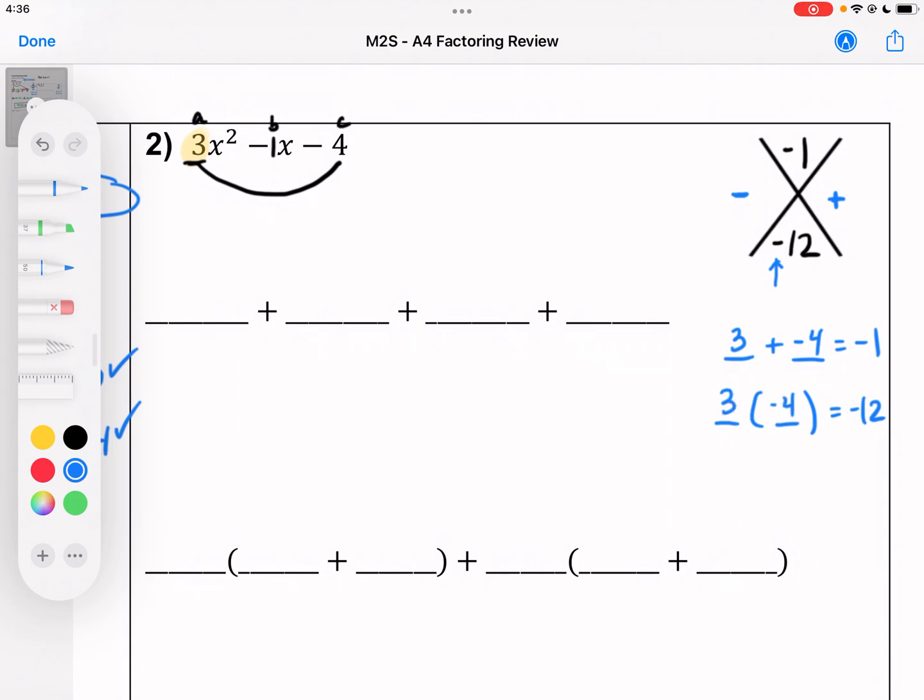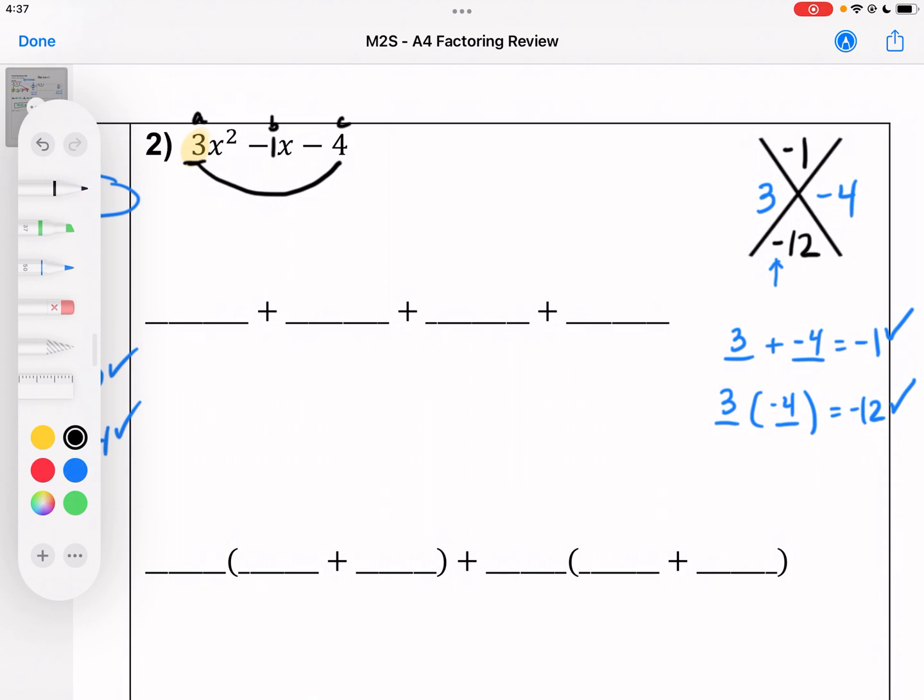Okay, so 3 plus -4 gives you -1. And a positive times a negative gives you a negative. So 3 times -4 gives you -12. So -4, +3. Let's write it that way. I'm actually going to write it like I wrote it down there because I'm going to make sure we remember one step by putting it in this order.